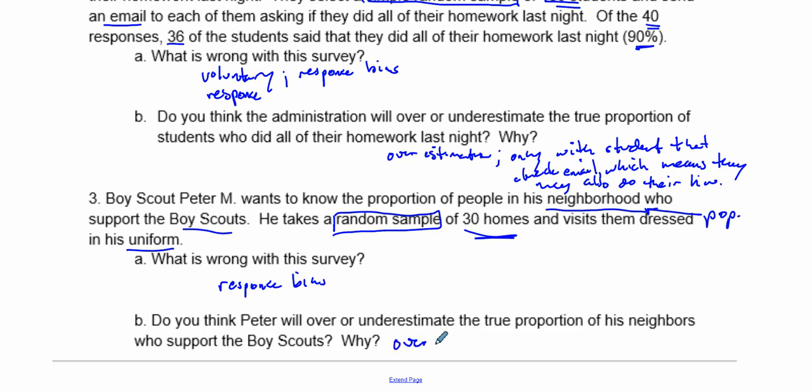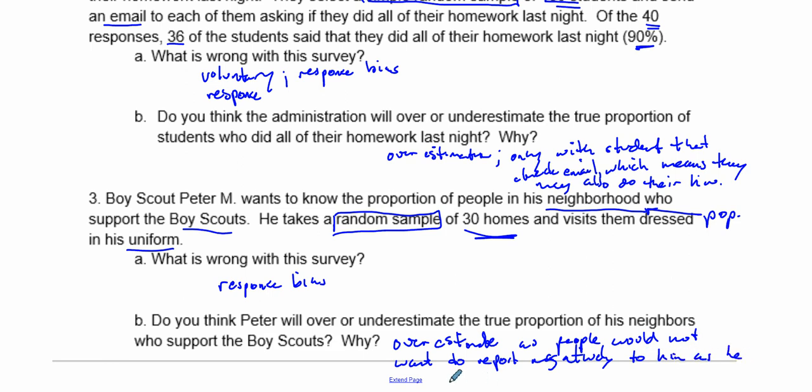I think it would be an overestimate, as people would not want to report negatively to him, as he looks like a Boy Scout. And that's what we have right there.